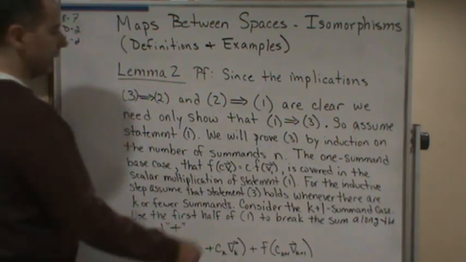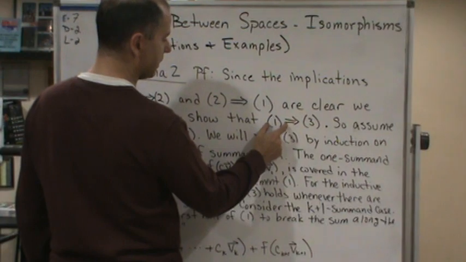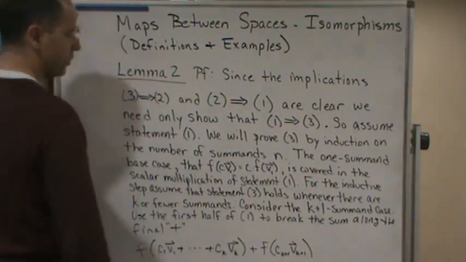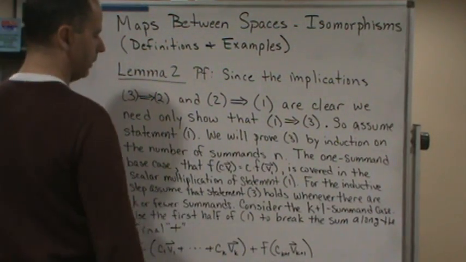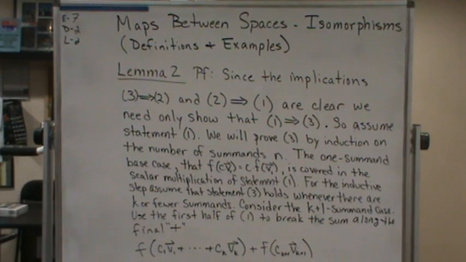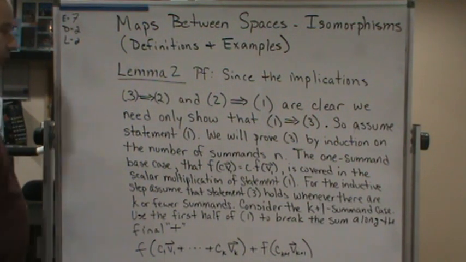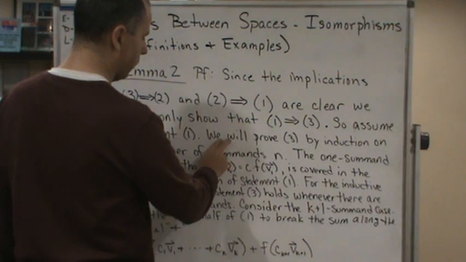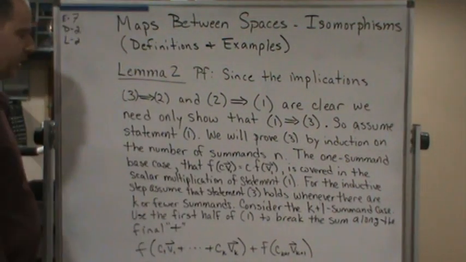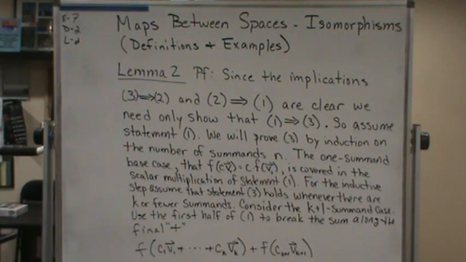Well, it's an implication, so we're going to start with the hypothesis. We assume statement 1, which means that f preserves structure. And we're going to prove 3 by induction on the number of summands n, a linear combination of n vectors.